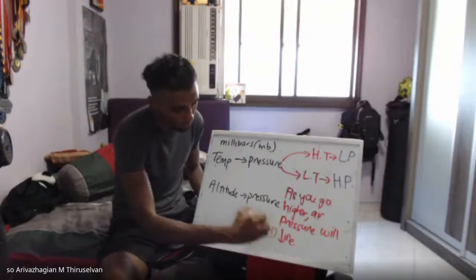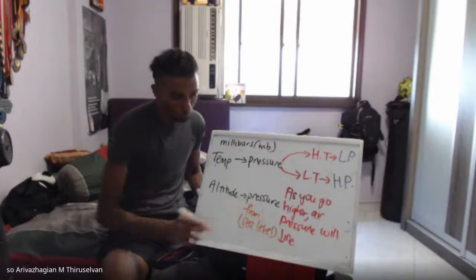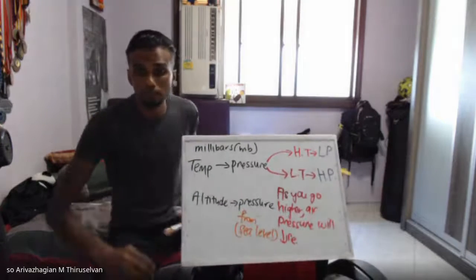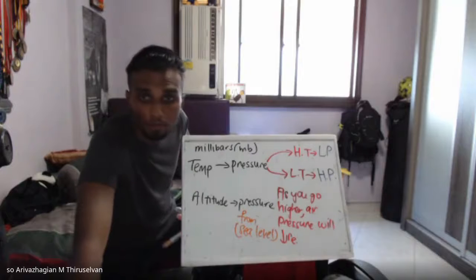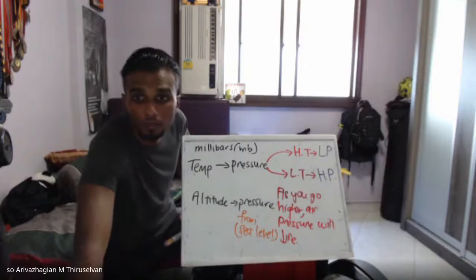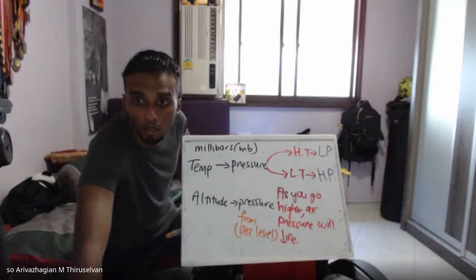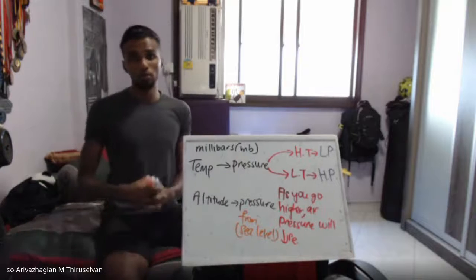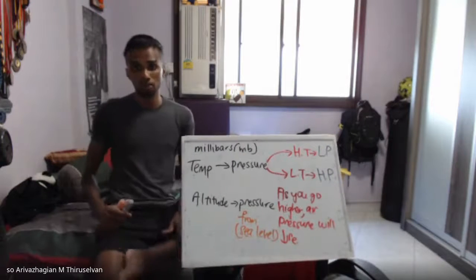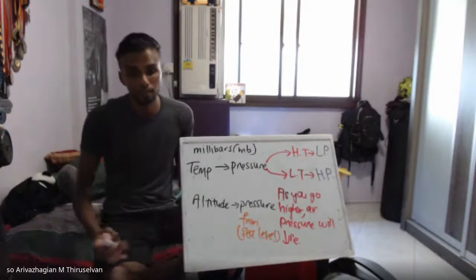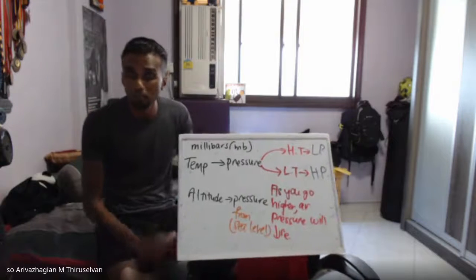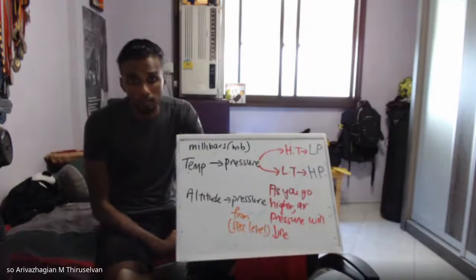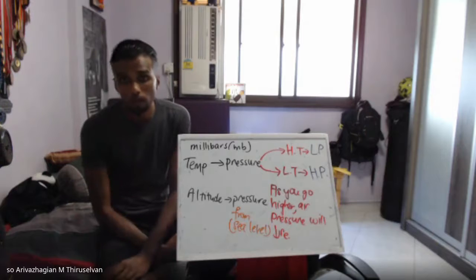Now, the key thing I want you to take note of is that this whole relationship starts from sea level. Why am I saying this very importantly? Because if you go into the ocean and go down further and further, air pressure is going to increase again. That's a whole different situation.